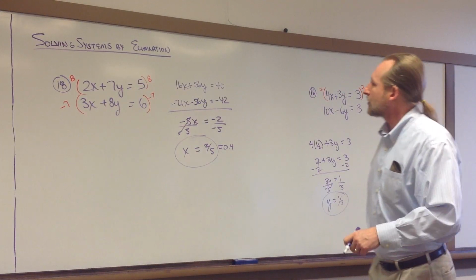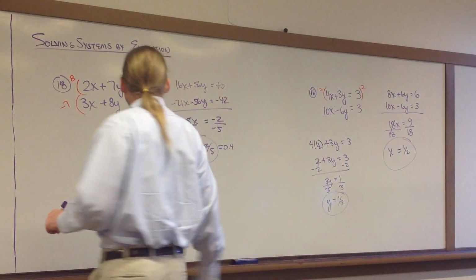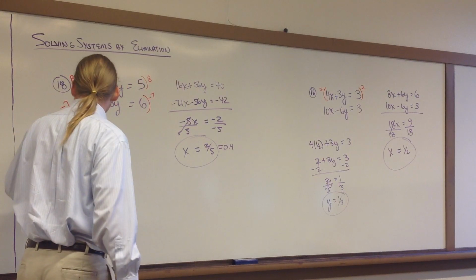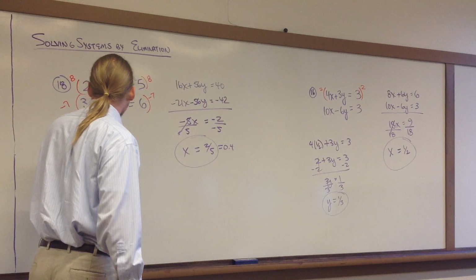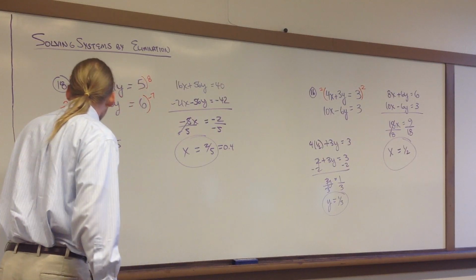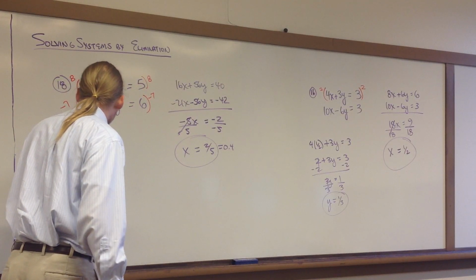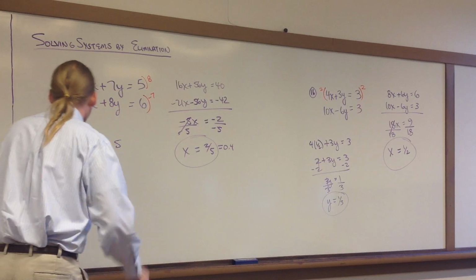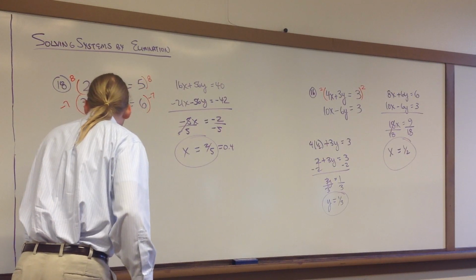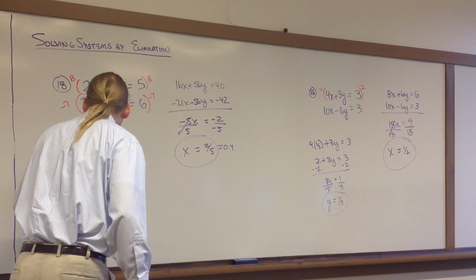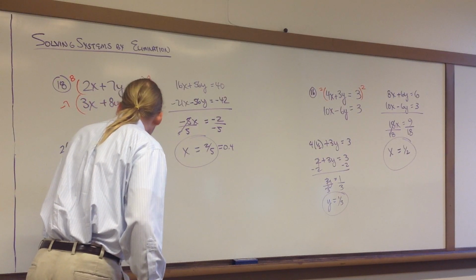Let's see here. So if x is 2/5, 2 times 2/5 plus 7y equals 5. So this is going to be 4/5 plus 7y equals 5. So for 7y, I'm going to subtract 4/5 on both sides.